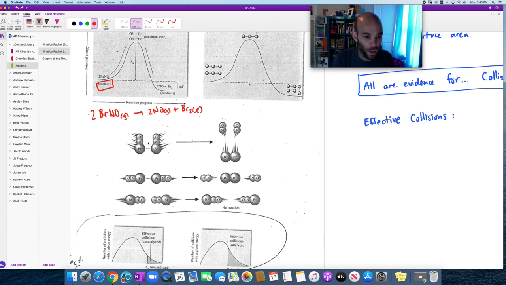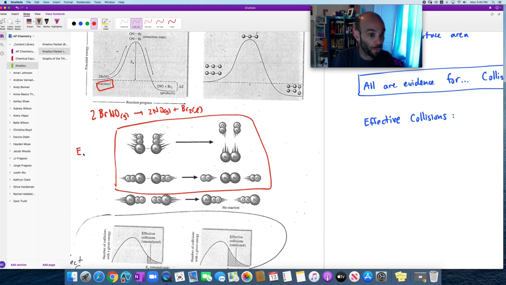Okay, so there could be effective collisions. These two right here would be effective collisions that lead to the products forming, but there could be an ineffective one as well, and there's probably lots of ways for it to be ineffective, but there's an example, because the bromine atoms didn't even come into contact, and so now these two molecules of BrNO just bounce off of each other.